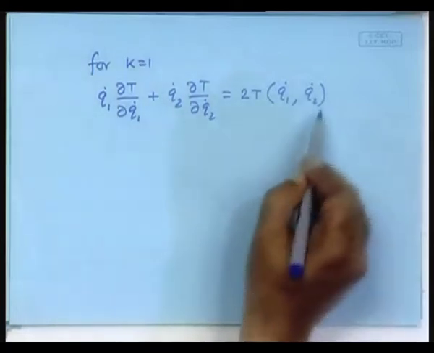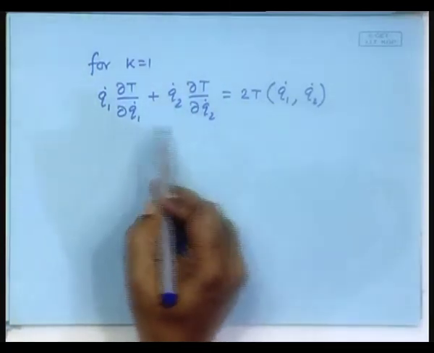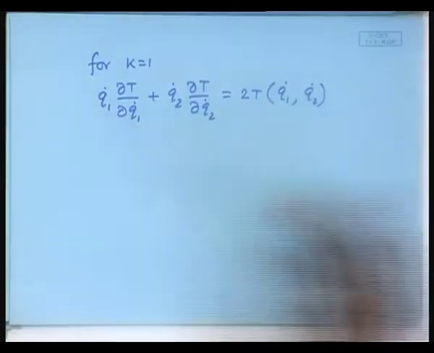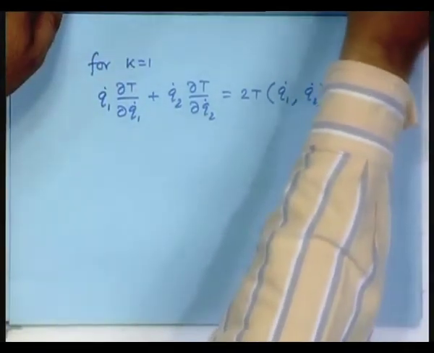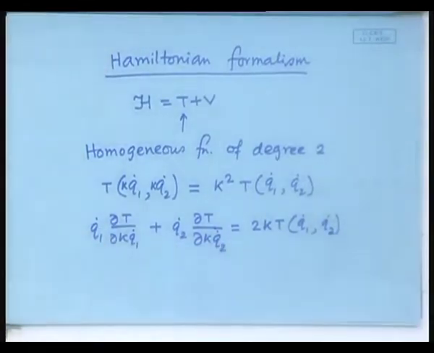So, if this is true for two variables, we had assumed q 1 dot and q 2 and q 1, these are the two variables. If there are n number of variables, it will be the same. After all you have to do is to expand this in a longer chain.